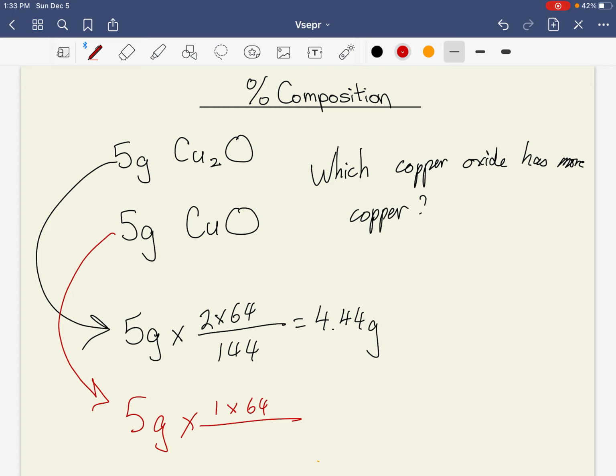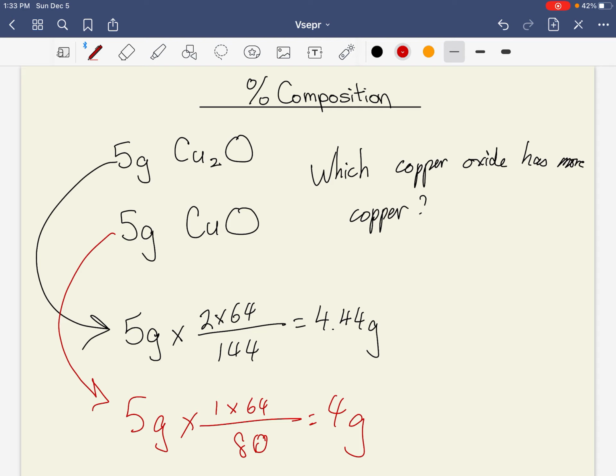It's going to be 64 plus 16, 80. So that will be 5 times 64 divided by 80. You're looking at 4 grams. There you go. Done.